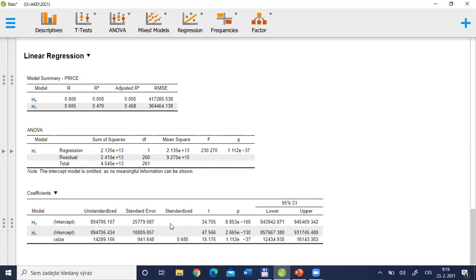So this is the confidence interval for the constant that can also be useful to interpret. The last result, which we will discuss in detail next time, is the standardized coefficient, if you have only one independent variable.